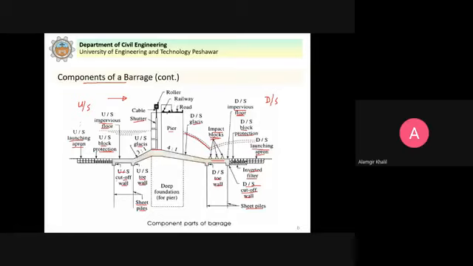Similarly, you can see here that on top of this pier of the barrage, we can have a railway or we can have a road. Similarly, the pier deep foundation that is provided is to increase the stability of the structure.